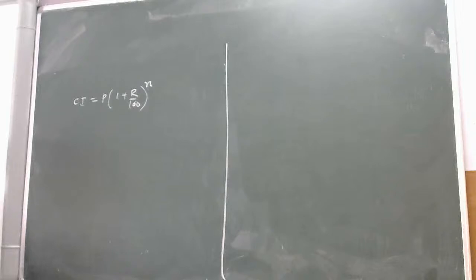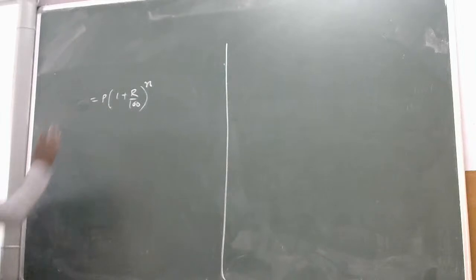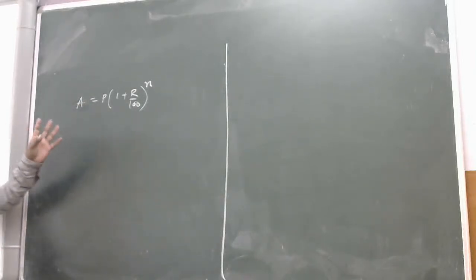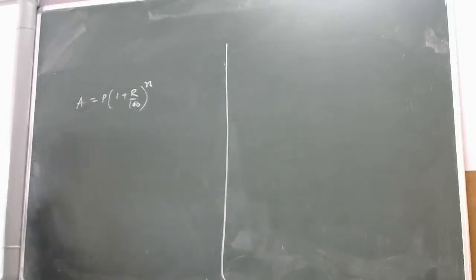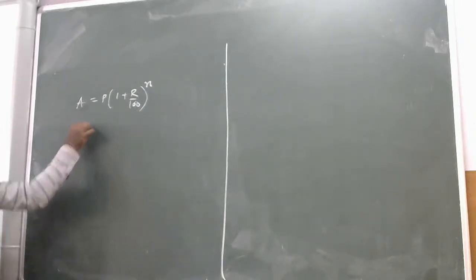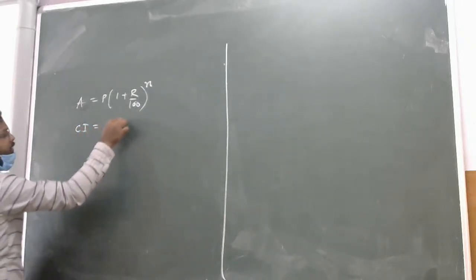P into 1 plus r by 100 to the power of time n. Yes, sir, but still it is wrong. This is the formula for amount. Directly we are not finding the compound interest. So first we are finding the final amount, and after getting the amount, you will find compound interest. That is amount minus the principal.